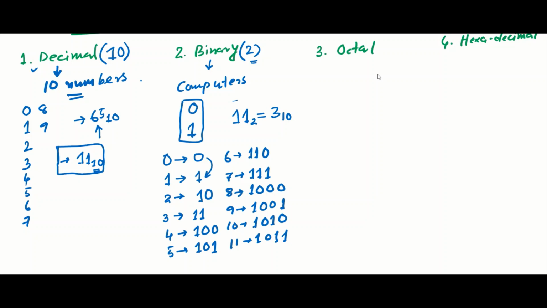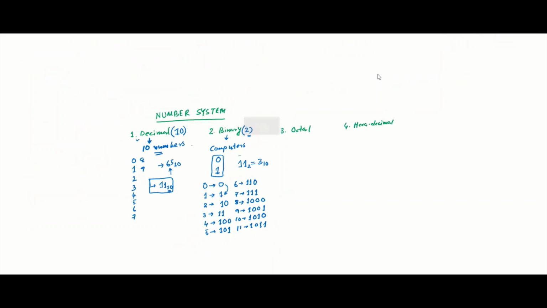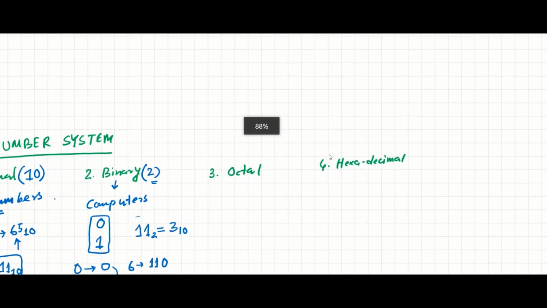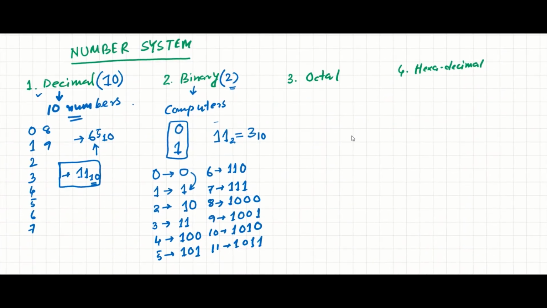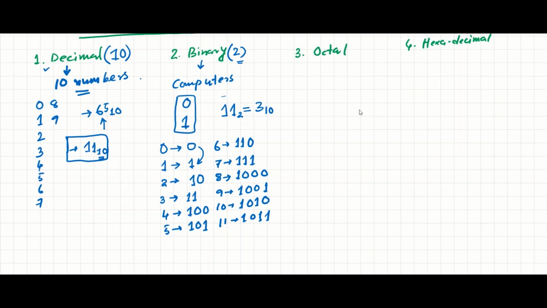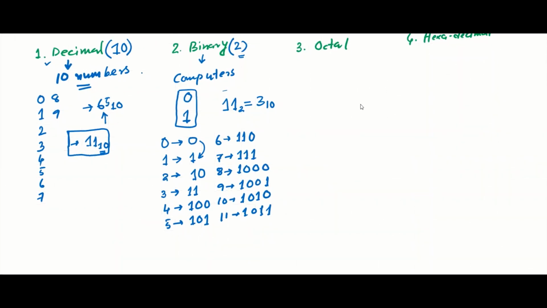Earlier we have seen that the decimal number system uses 10 numbers to represent any particular number combination. By combining these 10 numbers only, the decimal number system represents any number.